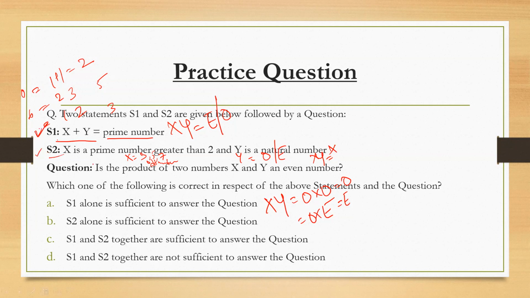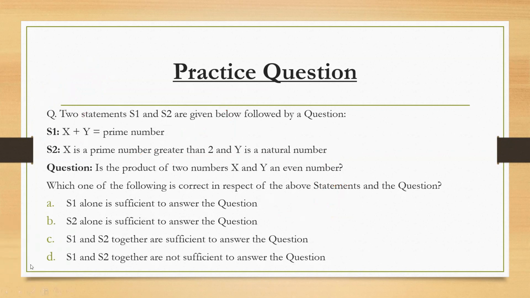Statement 2 does not answer my question. Now the condition here is what? What if I take both the statements together? Okay, if I take both the statements together, what will happen? You have a prime number which is greater than 2. So x plus y is equal to, it should be a prime number. Now I am saying x is a prime number.